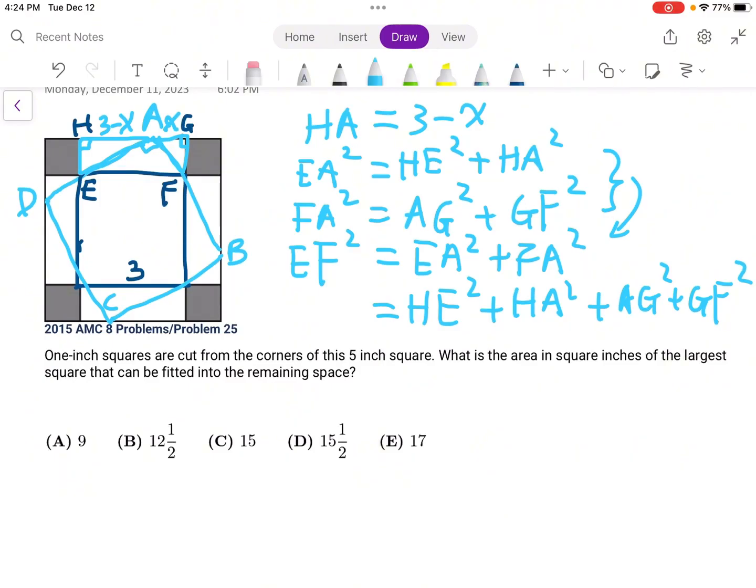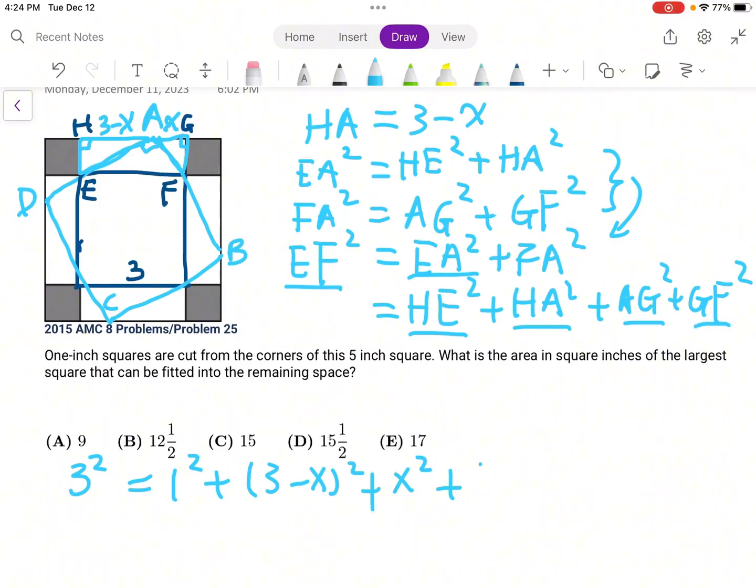So now let's put in the value of EF. EF is 3. Therefore, we will have 3 square equals HE, which is 1, so 1 square, plus HA, which is (3 subtract x) squared, plus AG, which is x squared, plus GF, which is 1 square.